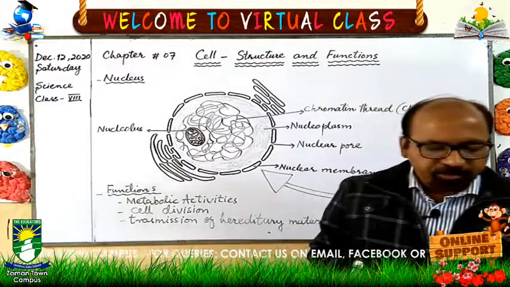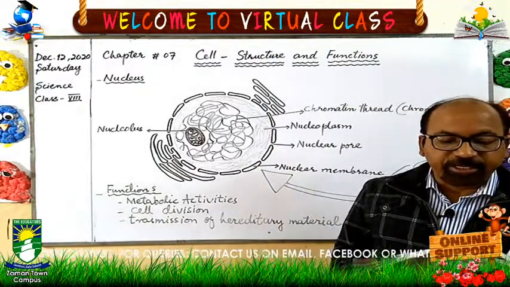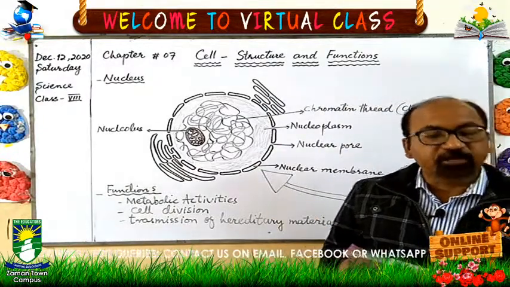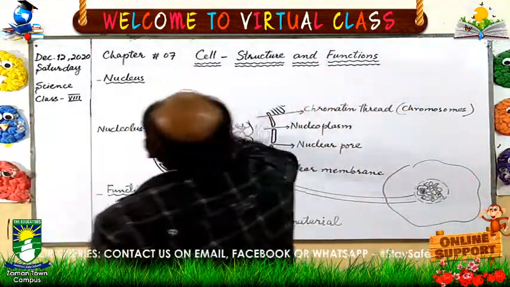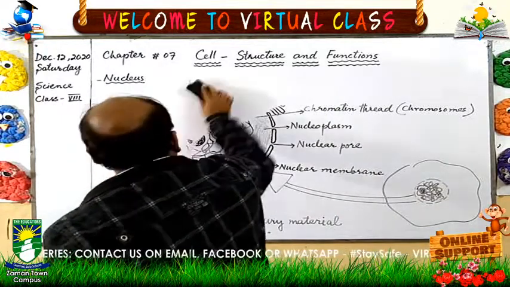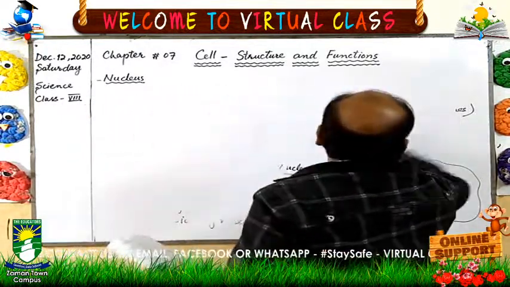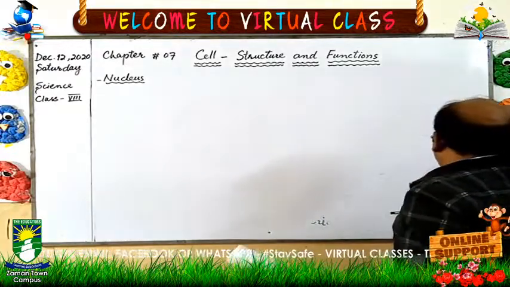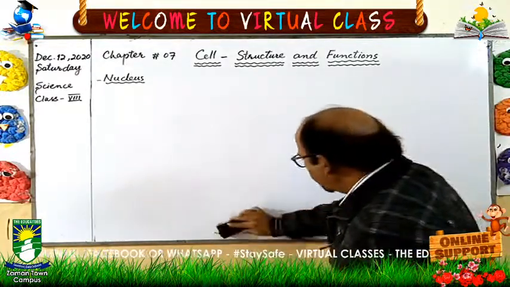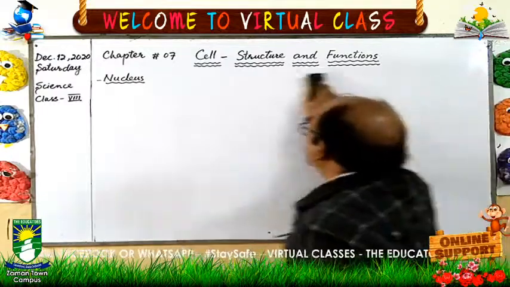So next is various levels of organization. Various levels of organization means how the body is formed.